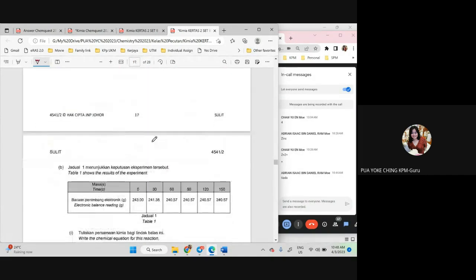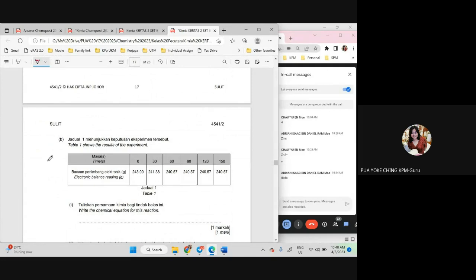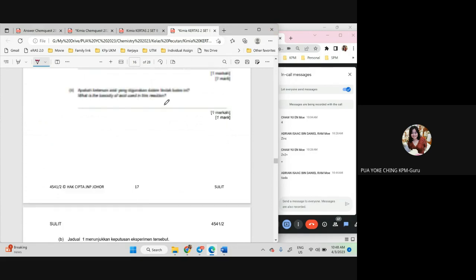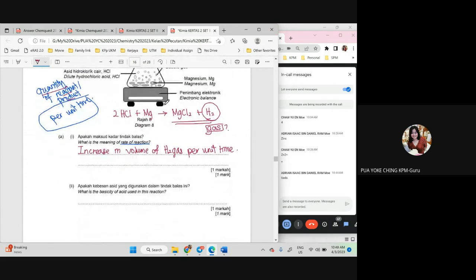Kalau you tengok lagi, then you tengok table 1, dia bagi table 1 ni, you nampak bacaan penimbang and then is decreasing. Okay, semakin berkurang. Kalau semakin berkurang, maksudnya ada something yang semakin sikit. So, it's semakin sikit, it must be come from your reactant. So, antara reactant ataupun antara produk pun boleh lah.